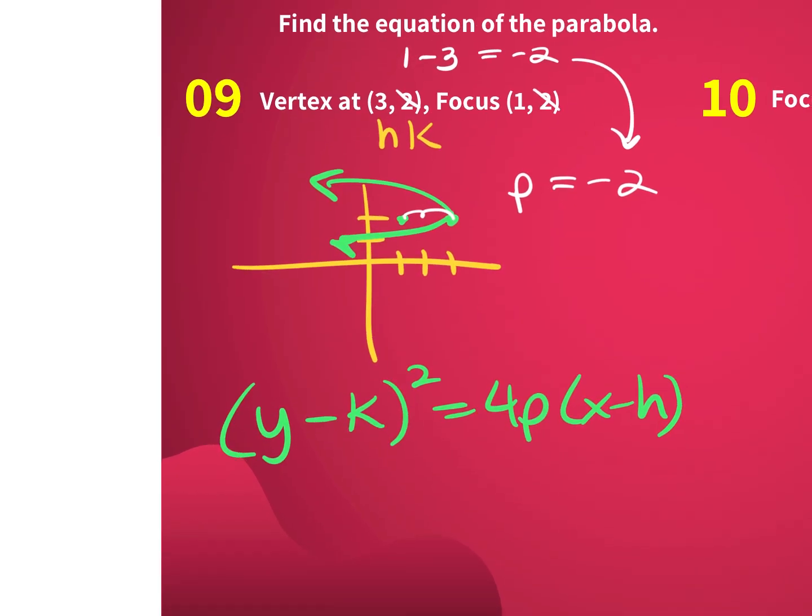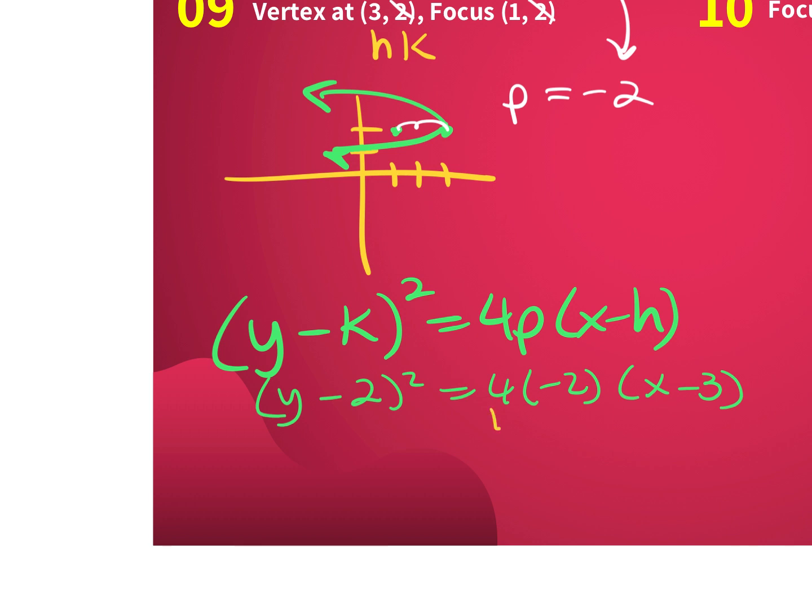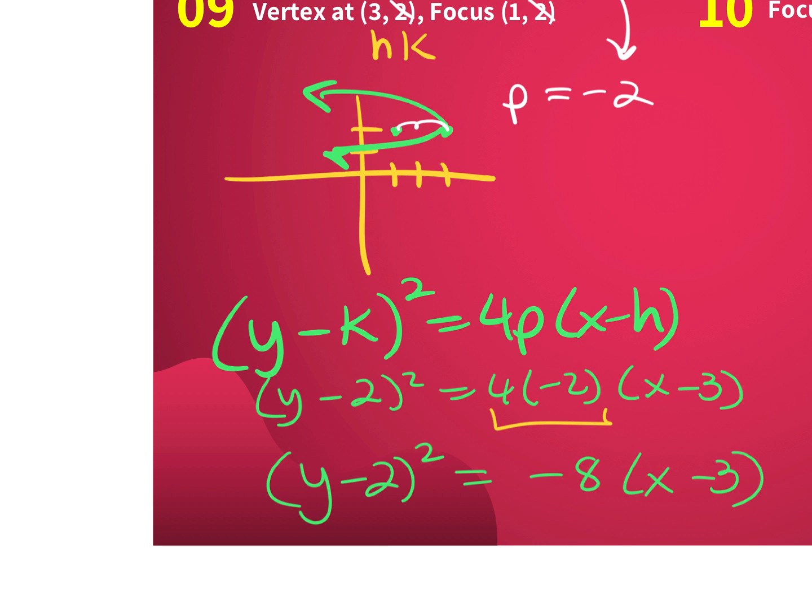My k is 2. So y minus 2 squared, p was -2, h is 3, and then all I have to do is multiply this, and I get y minus 2 squared equals -8 times x minus 3.